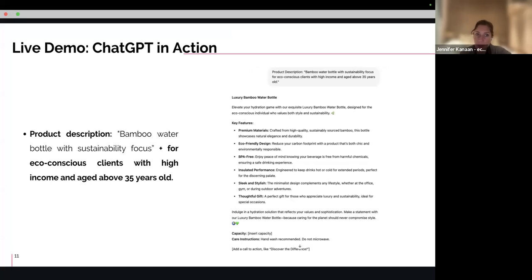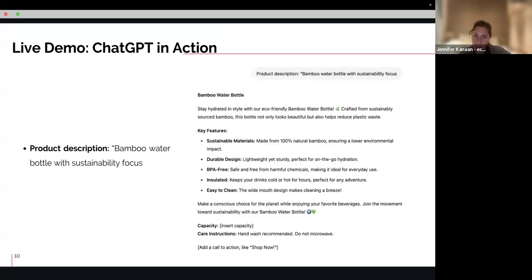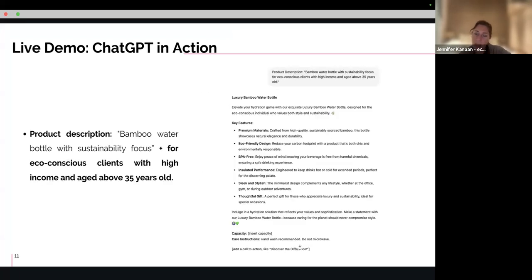BPA-free remains the same because it's still an eco-conscious client. Insulated performance instead of just insulated. Sleek and stylish, because these are high income people aged above 35 years old, which is maybe not ideal, but we can just ask it to remove that bit, or at least rephrase that section.